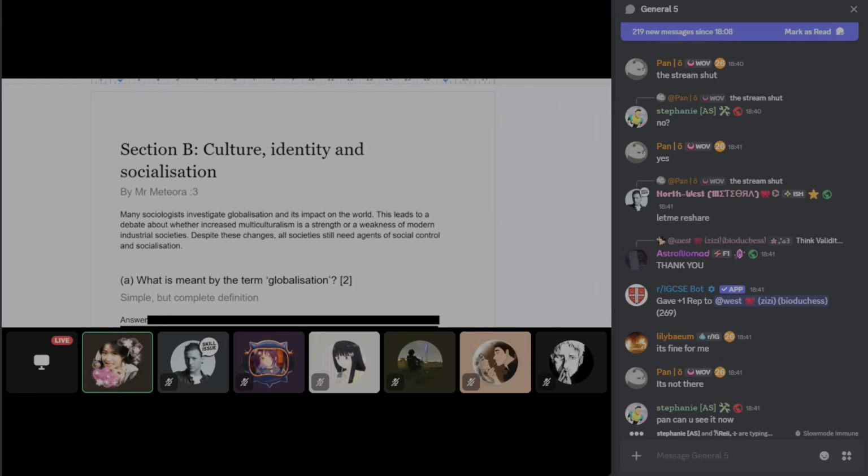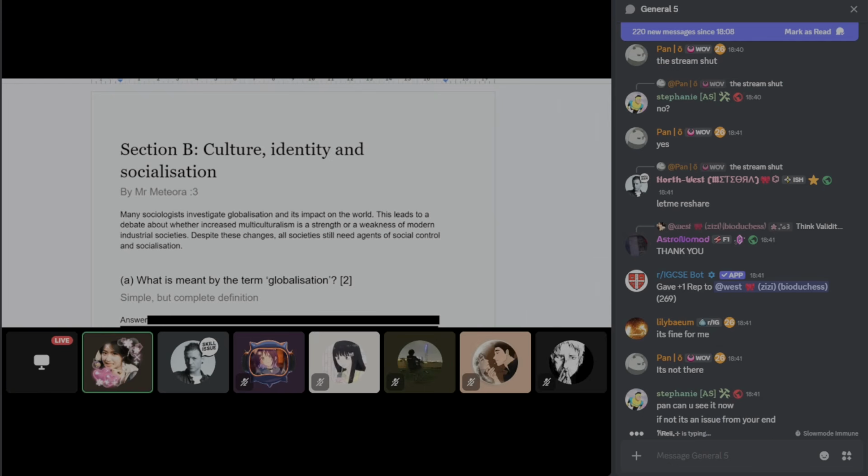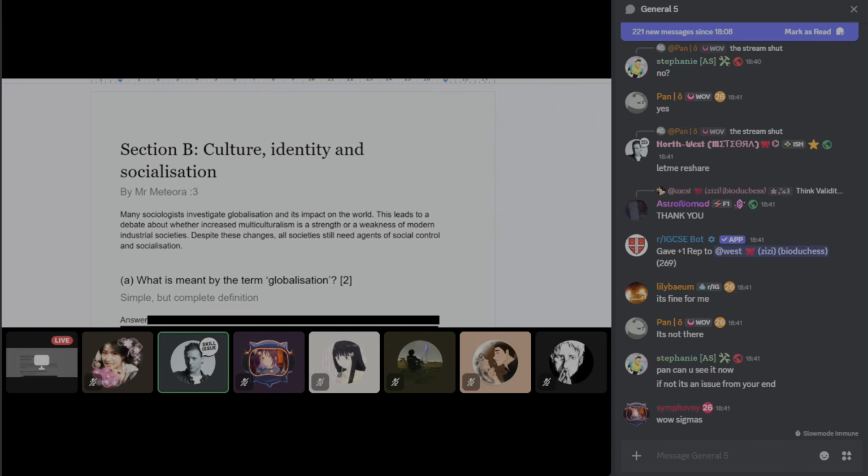Okay, if there are no questions, I'll let the spotlight go to Meteora to talk about section B, which is about culture and identity. All right, so section B is culture, identity, and socialization. The starting paragraph is an introduction given to the questions. It was in the paper itself.